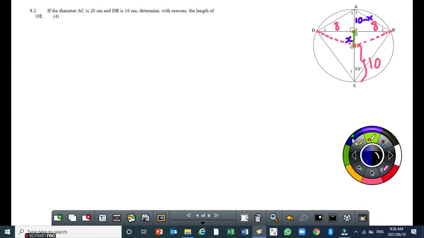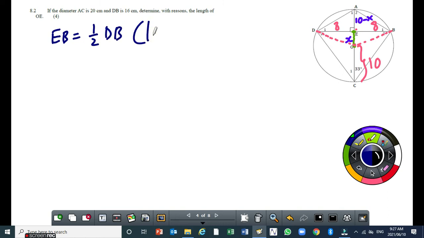So my suggestion is you construct two radii, OD and OB. Now we need to prove why we said that EB is equal to 8. I need to write down the reason for that. So the reason would be, EB is equal to half of DB.